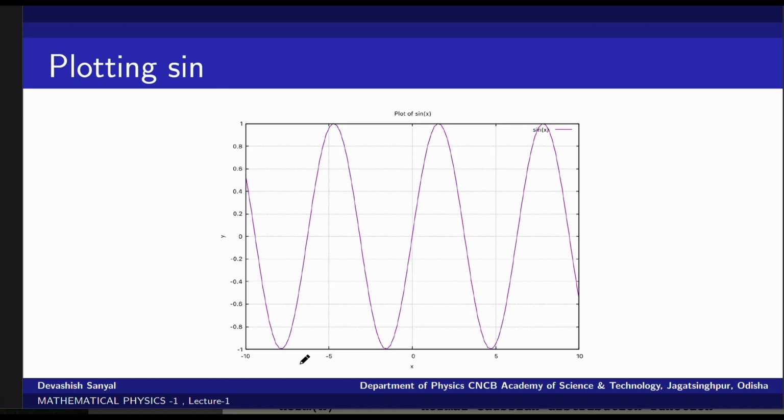This is a plot of sin x. What I have plotted here is sin x. You may not be able to see clearly. This is my y-axis and this is my x-axis, and my function is y is equal to sin x.